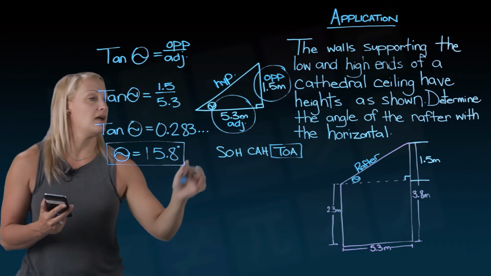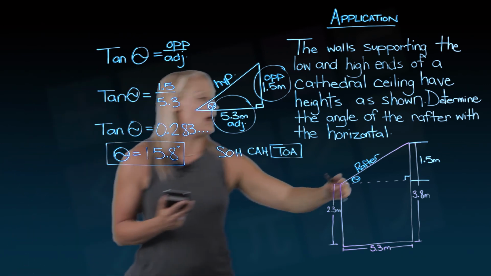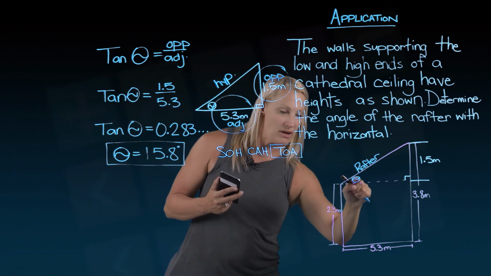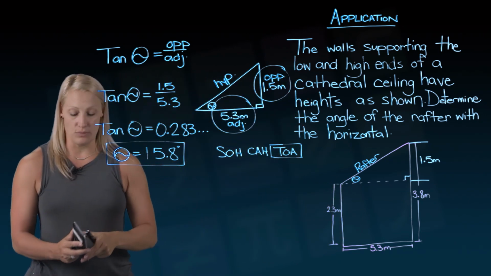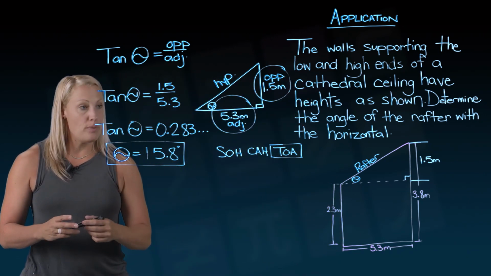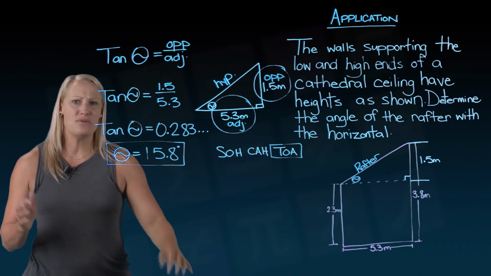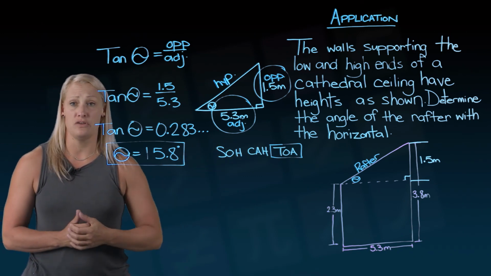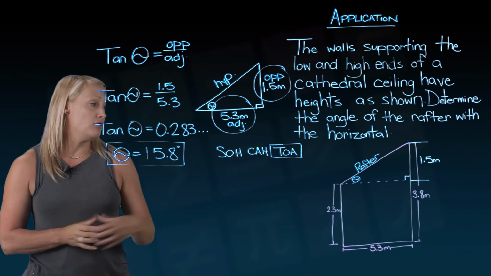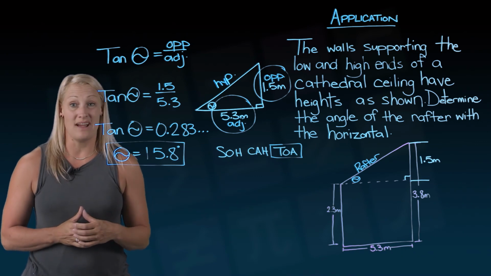So it looks like the angle that the rafter makes with the horizontal, that guy right there, is 15.8 degrees. I'm hoping that that video helped you not only understand how to find an unknown angle using trig ratios, but also to understand a situation where you might actually use that.